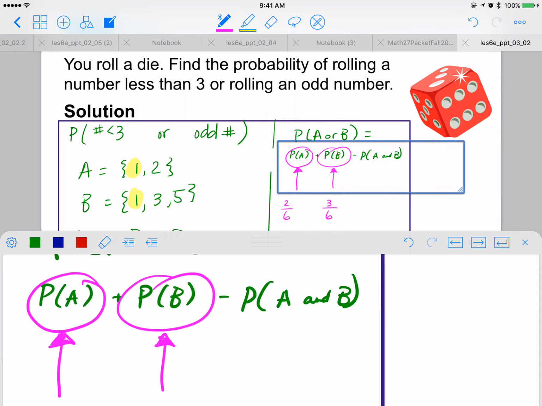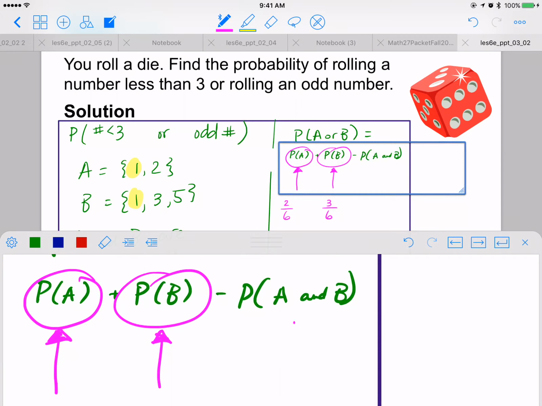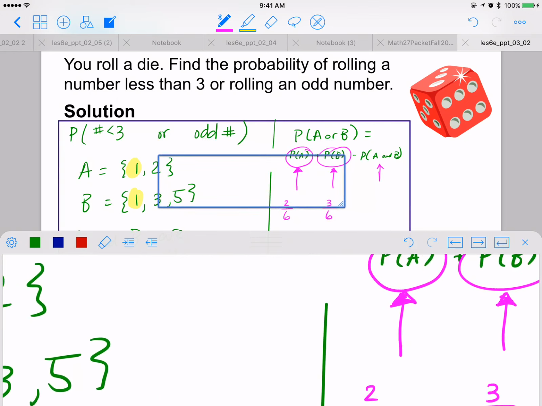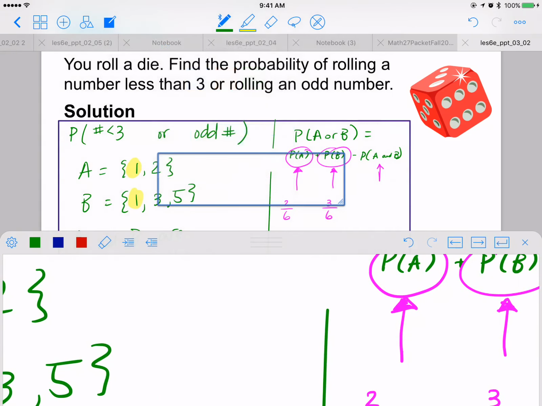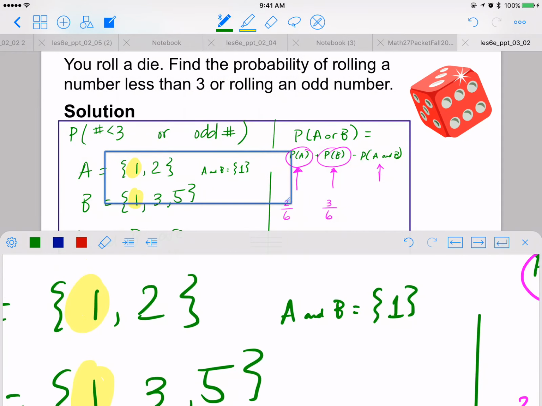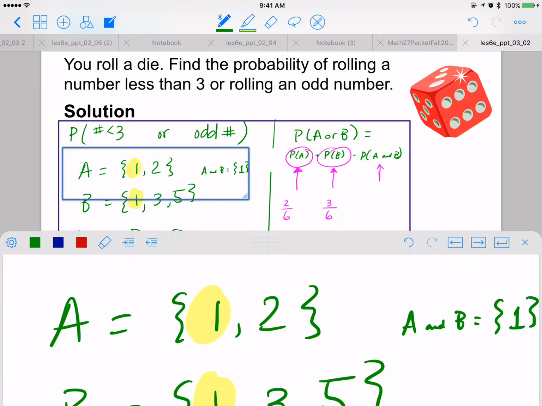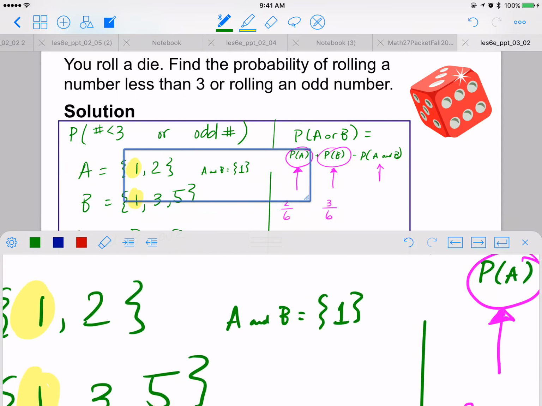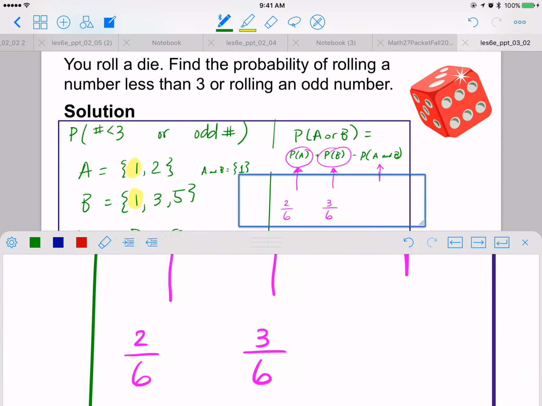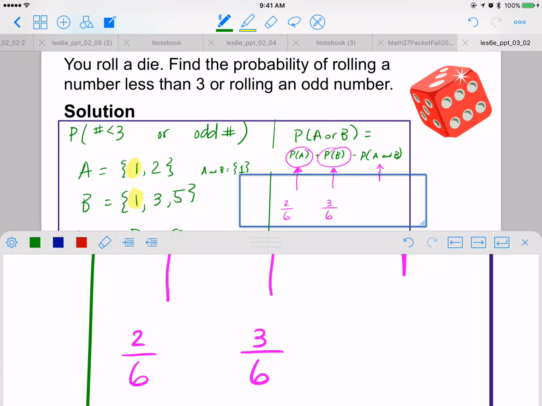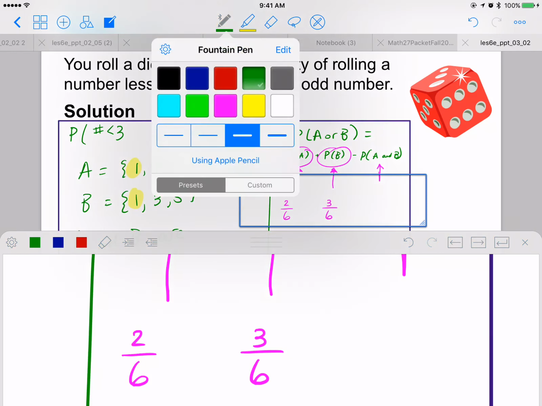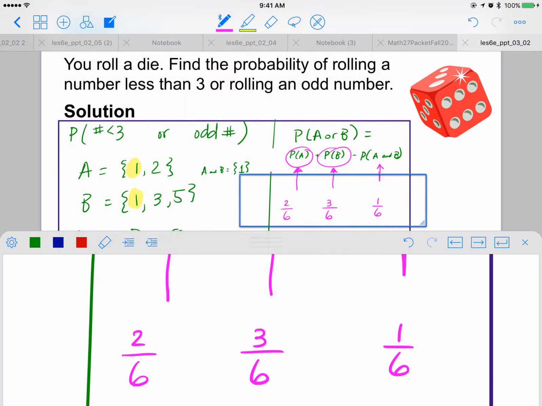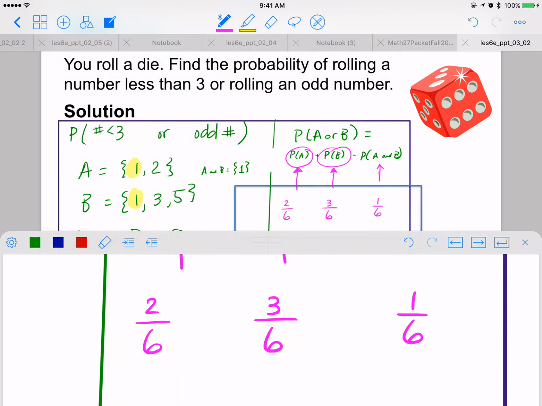Okay, and now what is the probability that you get A and B? So in order to get A and B, we can write over here that A and B is just going to be the set 1. Because what does it mean to be in A and B? That means that you're less than 3 and you're an odd number. So that means that you're equal to 1. So the probability of getting A and B is going to be 1 out of 6 because there's only one way, which is if you roll a 1.